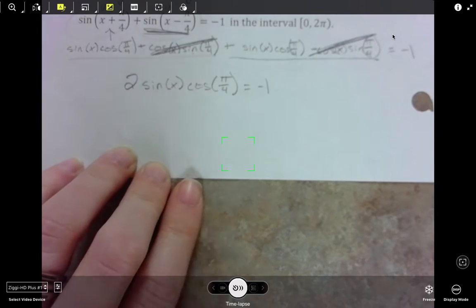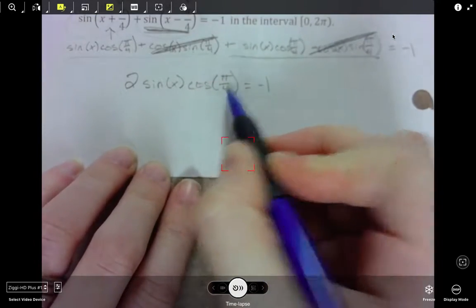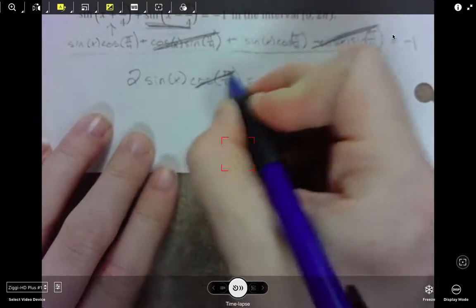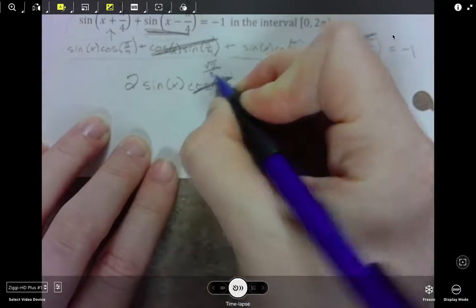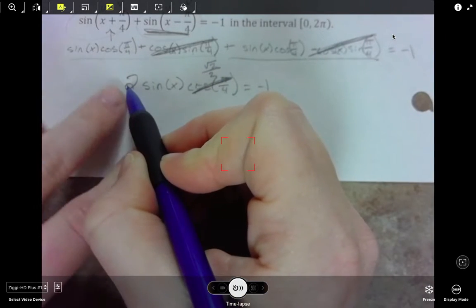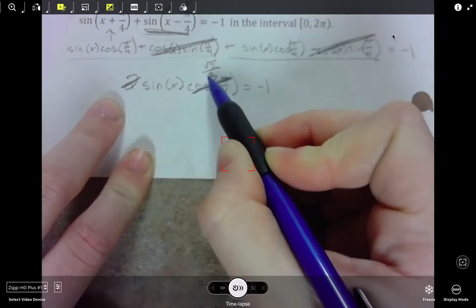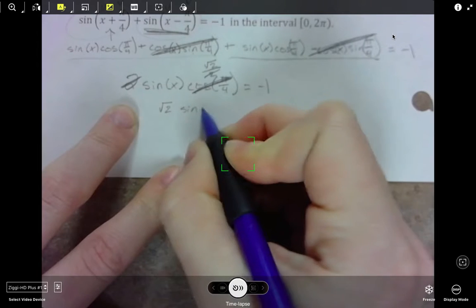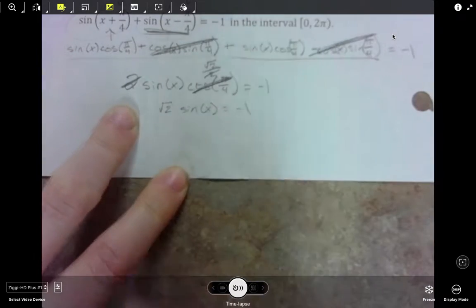Now cosine of pi over 4 is square root of 2 over 2. If I take square root of 2 over 2 times 2 from the front, this 2 will cancel with this 2 down here. So I really have the square root of 2 times sine of x equals -1.